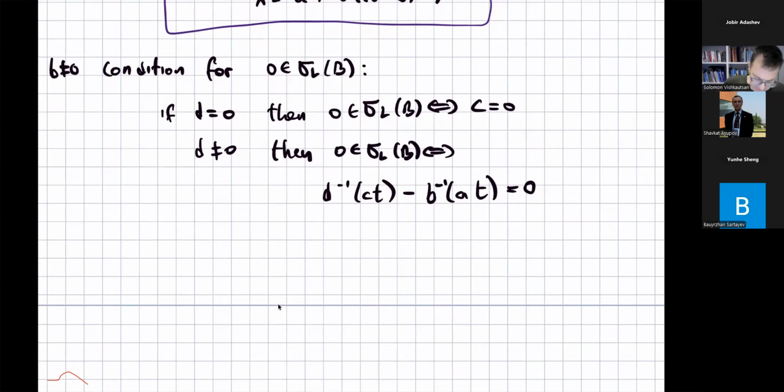Okay, so an example would be we can take I1, Ij, J.